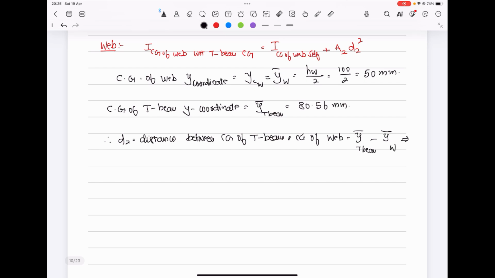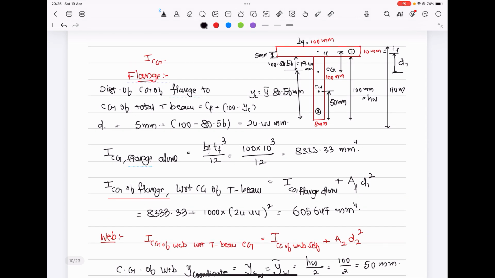That implies D2 is 80.56 minus 50, that is equal to 30.56 mm.